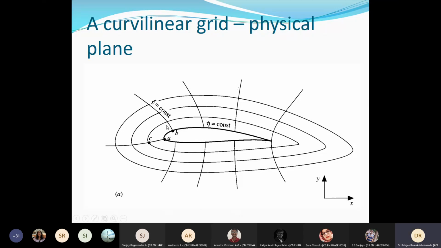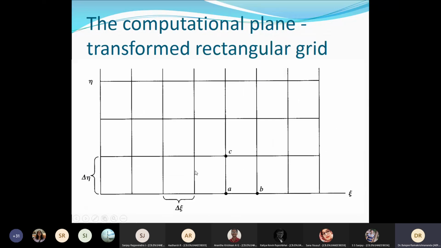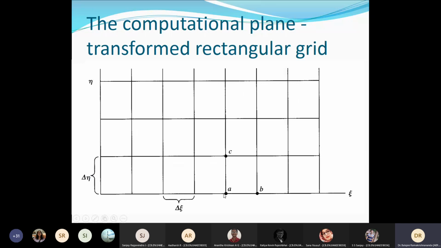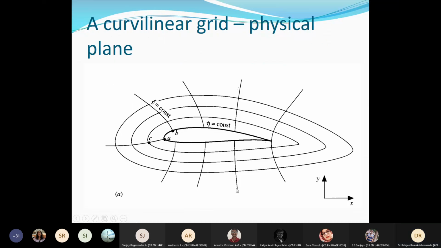If you start from here, 0, 1, 2, 3, 4 is A. Here also 0, 1, 2, 3, 4 is A. The next point is B. Here also the next point is B. Then from A you draw a straight line. This is C here. A dot and the next eta line is C. So is it clear how this is transformed into these coordinates?